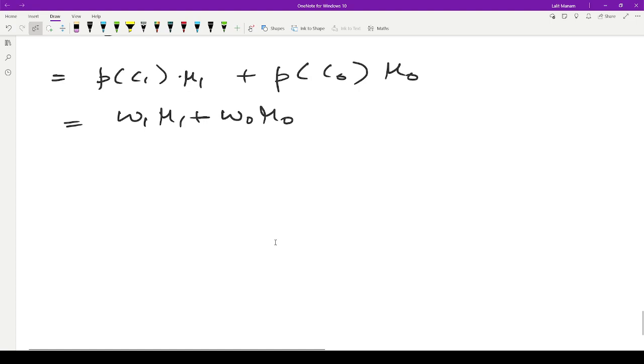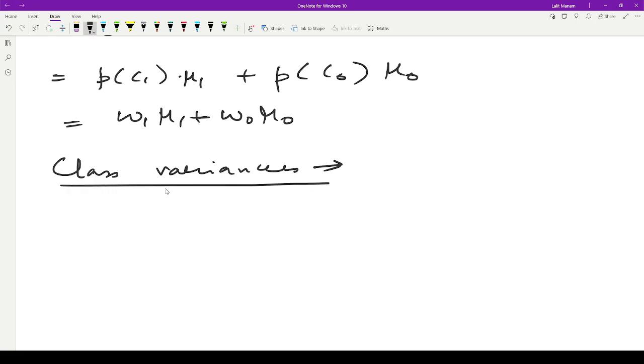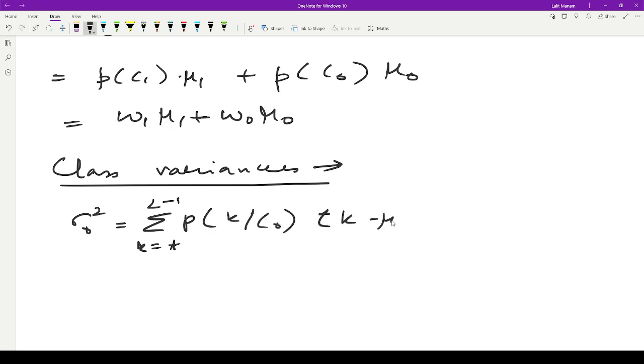Okay, so now we need to define the class variances, because our question is about class variances. First we'll define sigma naught in a similar fashion: summation of k equals t to L minus 1 of p of k given c naught times k minus mu naught whole square. This is just the simple formula for variance that we are applying here.